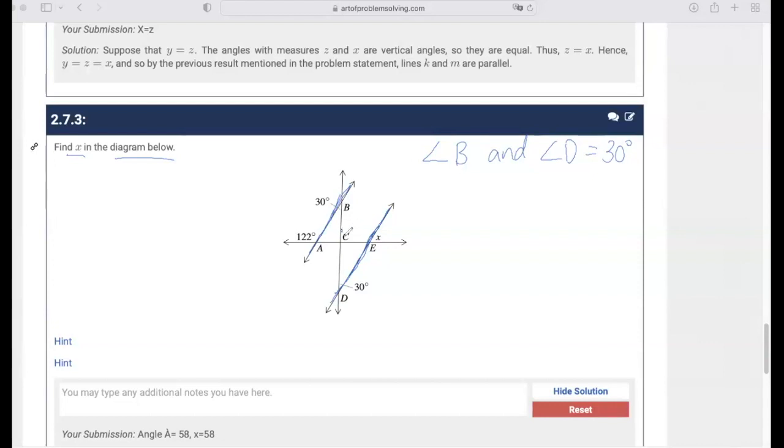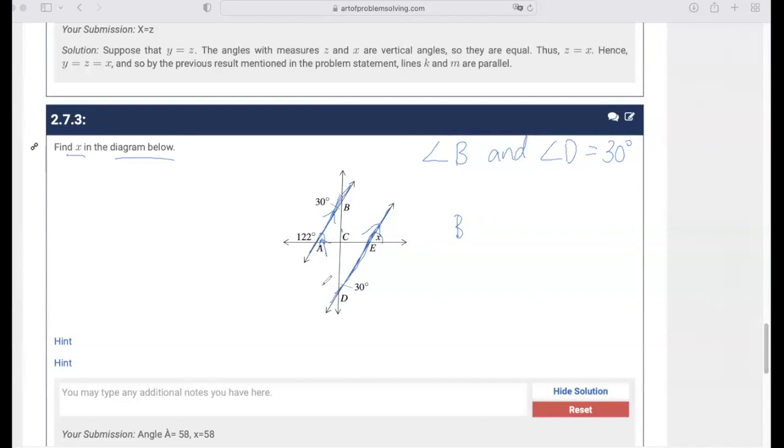Wait, actually, since they're parallel, X is the same as BAC. Yep, good. So these two are equal, and then what else? Someone else.